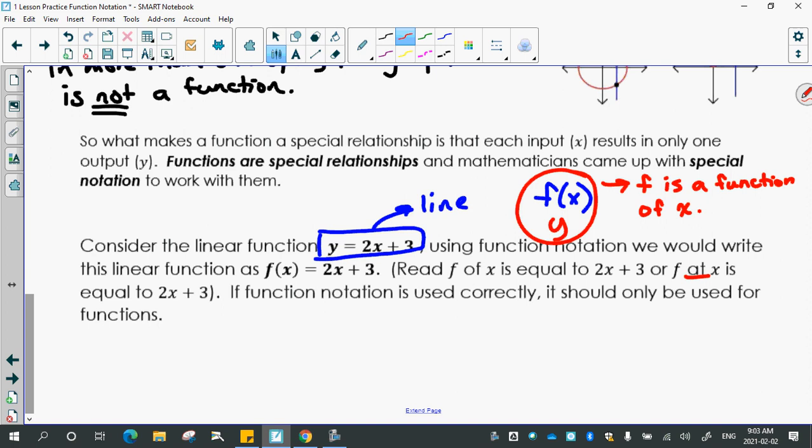That won't really bother you in grade 12. At or of doesn't make a difference. If function notation is used correctly, it should only be used for functions. That's why it's important for calculus, because it says what comes next is a function. So I wouldn't use function notation for a circle. I would use it for something that is a function.